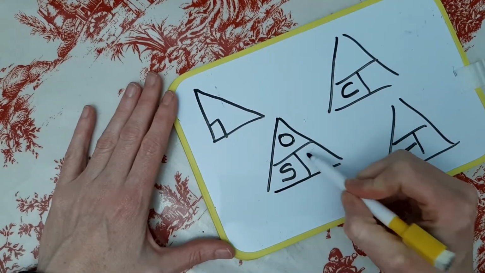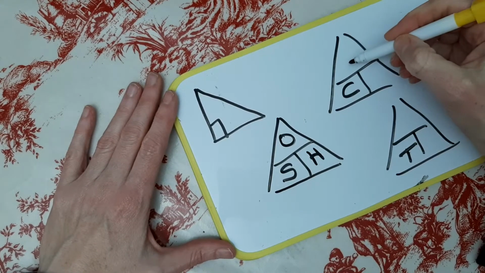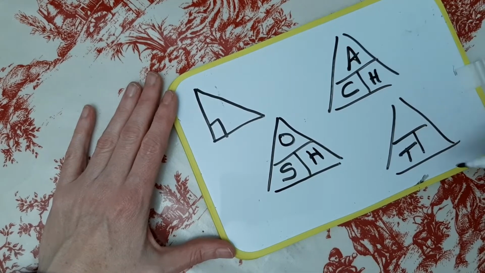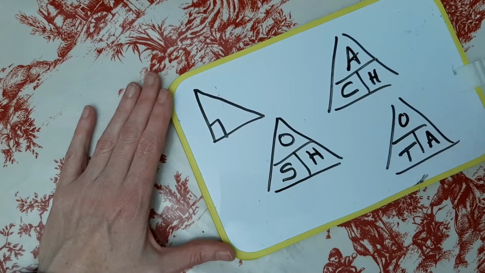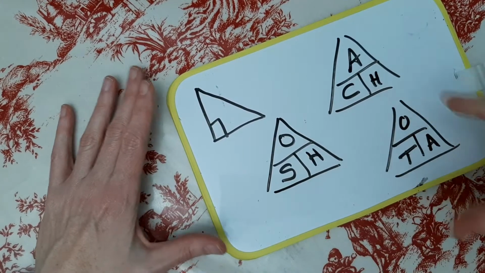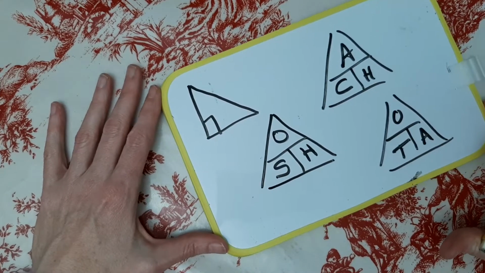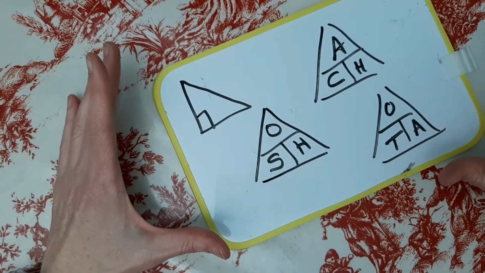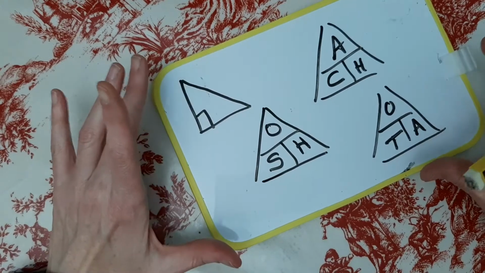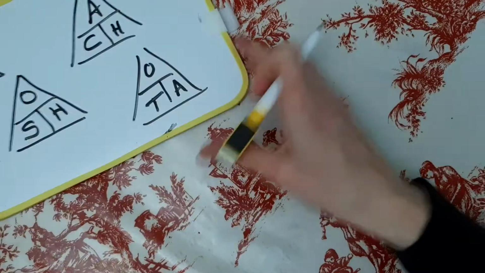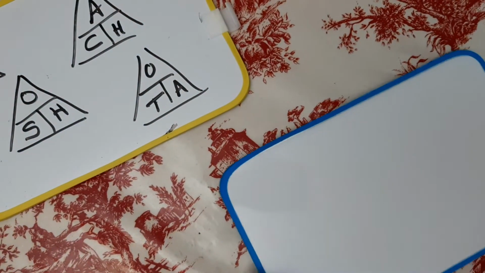Your SOH, your CAH, and your TOA. You probably learn SOHCAHTOA, but you don't necessarily learn it as these triangles. It's really important and useful if you learn them like this. So take a note of these and put them to one side, and let's have a go at using them in an example.